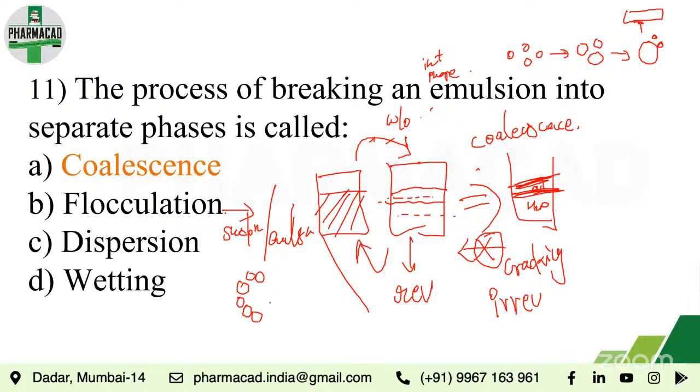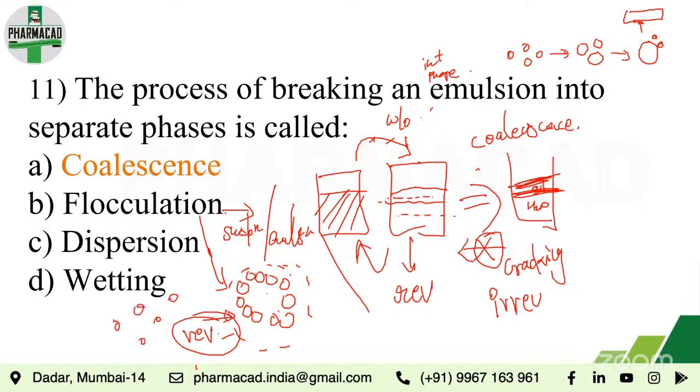So flocculation में what happens is that your dispersed phase or your internal phase will start coming together. There'll be some light interaction between them. Okay, light bonds हैं, but इसको तुम वापस, this is again reversible. Okay, flocculation is also reversible. उसको shake किया तो again the particles will separate.